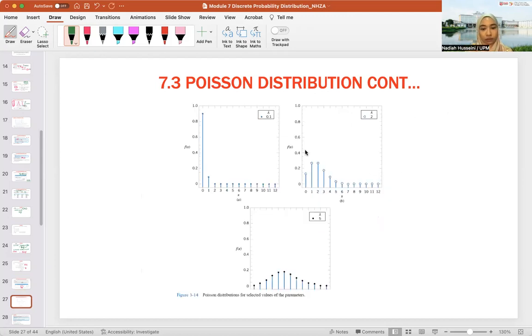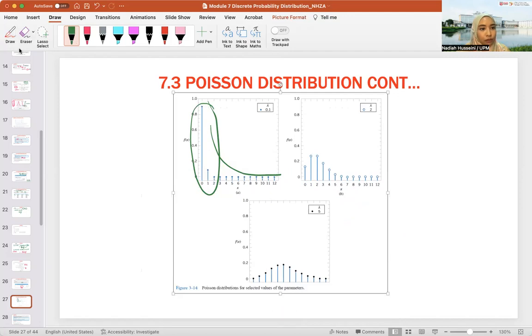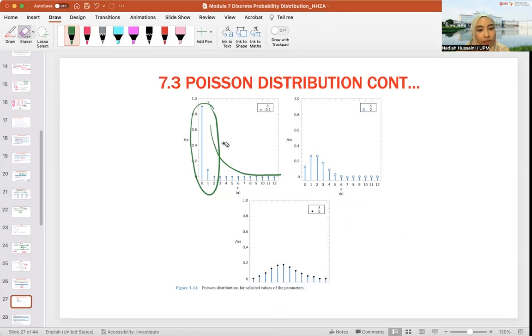Okay, moving on. So this is how a Poisson distribution graph looks like. If the lambda is 0.1, here it is skewed to the right. And this is if our lambda is 2. So here this is very not uniform, not symmetrical, very odd looking graph if your NP is small.